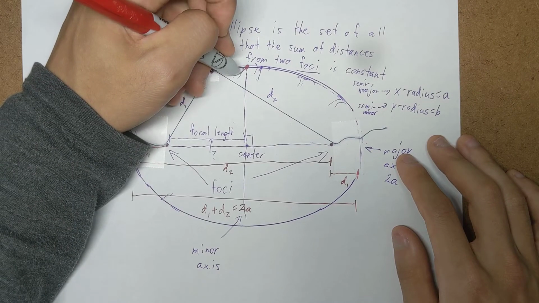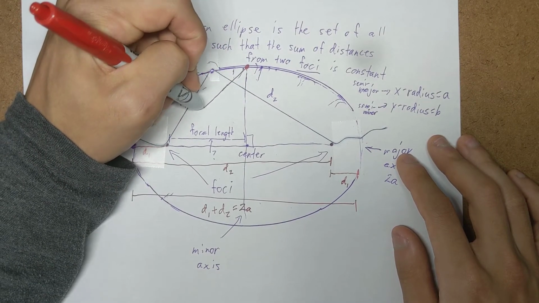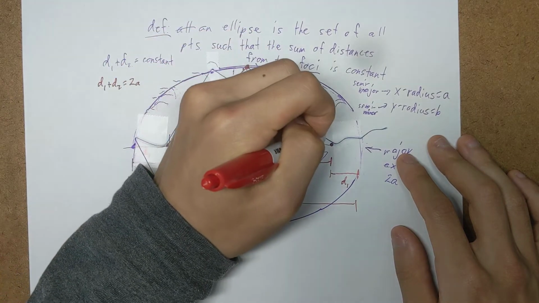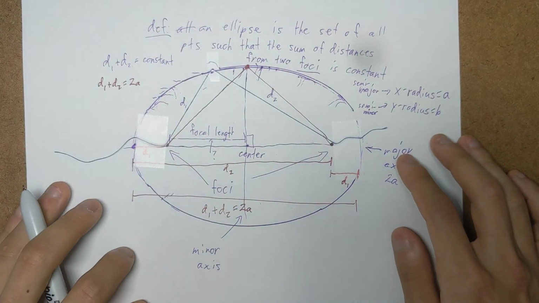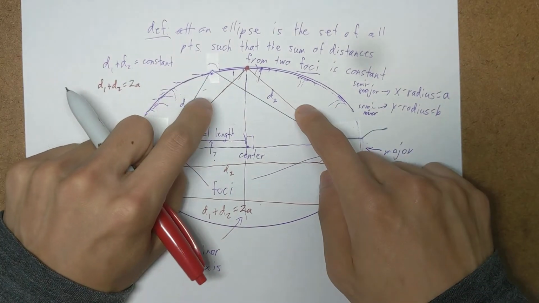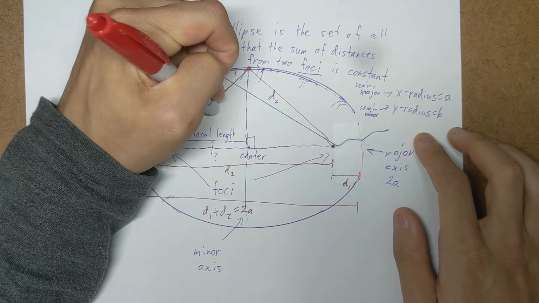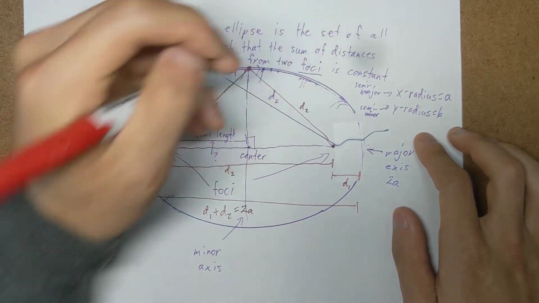But just looking at this one as if our ellipse is more horizontal. Look here. If I draw now from that point up there on the ellipse to the foci, then in this case D1 and D2 are equal to each other.